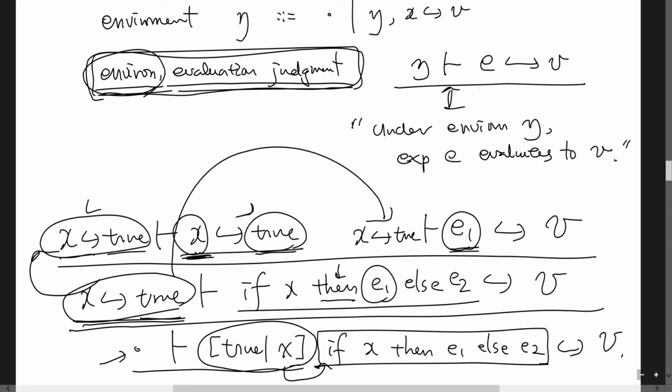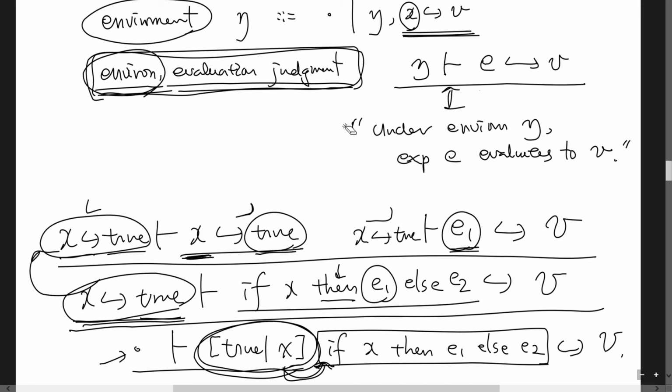So the idea is, instead of performing substitution right away here, we carry this environment which contains all the mappings for all variables. And when we actually encounter a variable, like here, then we look up the environment and retrieve the value.